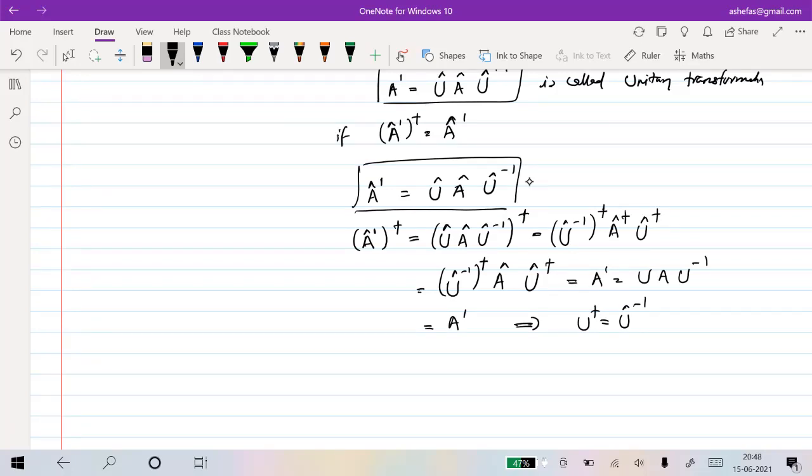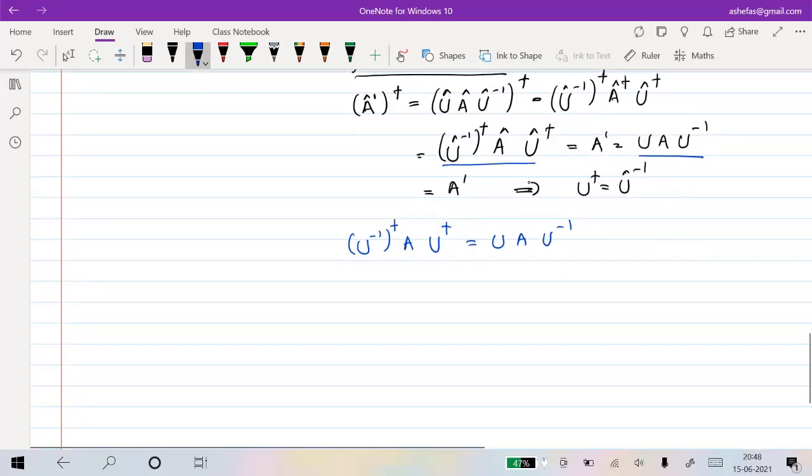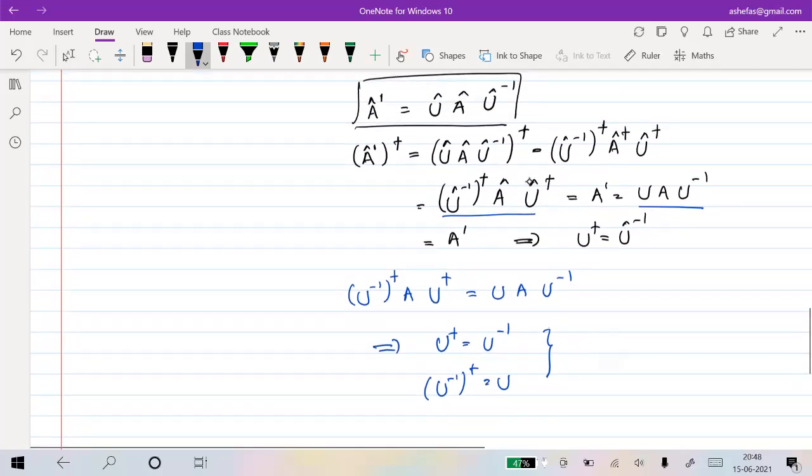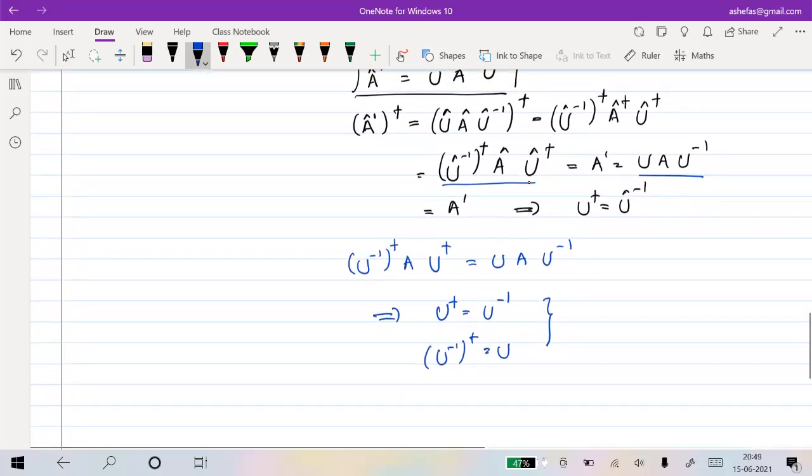So this would be possible if U dagger equal to U inverse, or U inverse raised to dagger equal to U. So this is a property of the operator U, which transforms A to A prime.